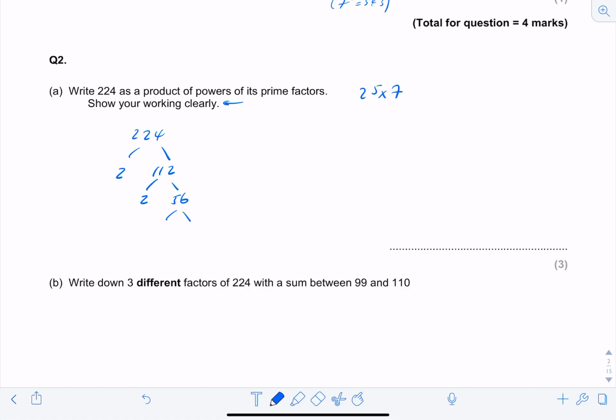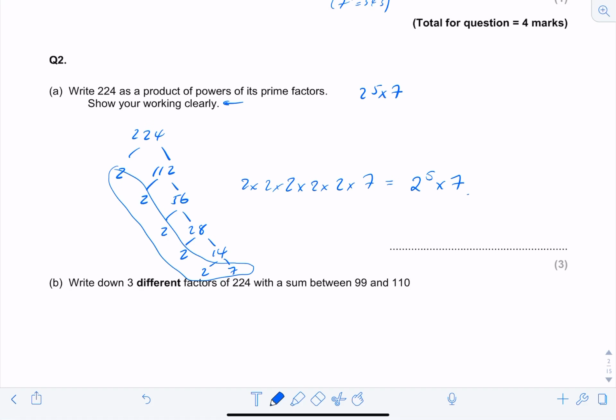I can divide that by 2, and that gives me 28. That divided by 2 gives 14, and that divided by 2 gives 7. And here I can see that these are my prime factors. 2 times 2 times 2 times 2 times 2 times 7, which is 2 to the 5 times 7. So 2 to the 5 times 7.